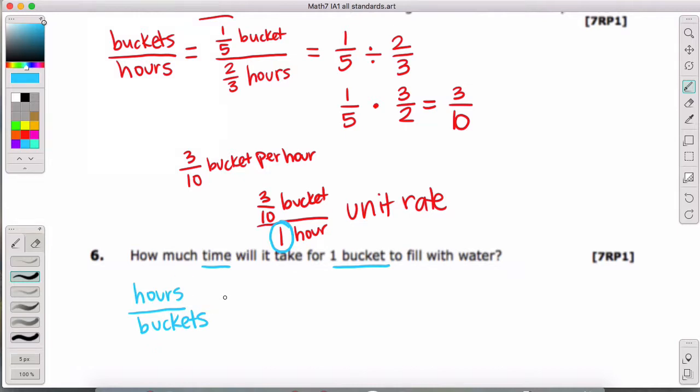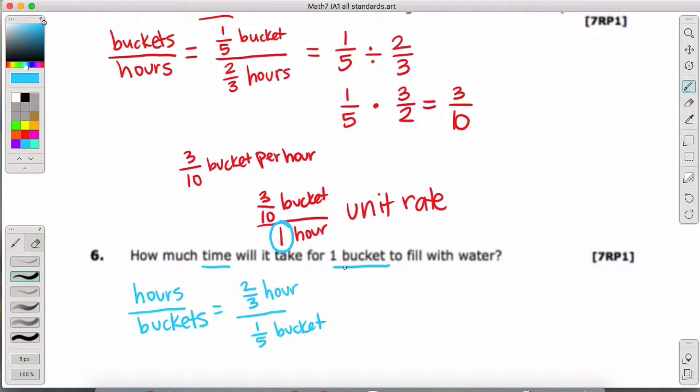So how many hours for how many buckets? There were 2/3 hours for every 1/5 of a bucket. Now we want to figure out how much for one bucket. So just like we did up here, we found 3/10 buckets per hour. So we have 2/3 of an hour per 1/5 of a bucket.